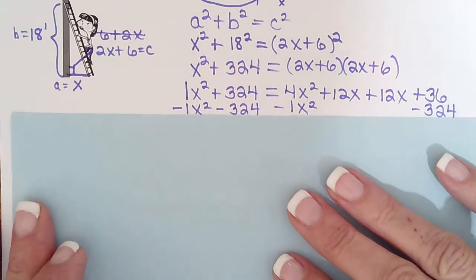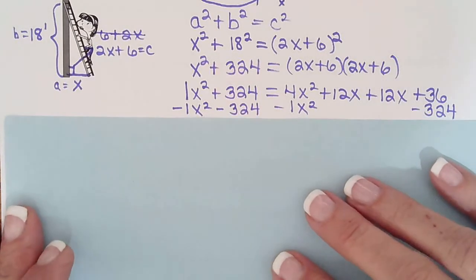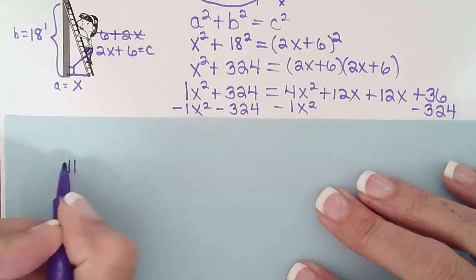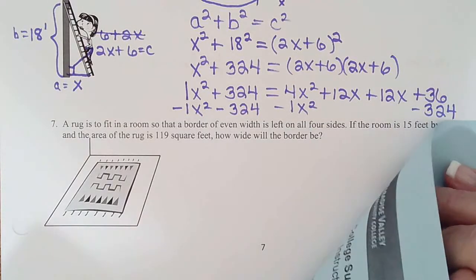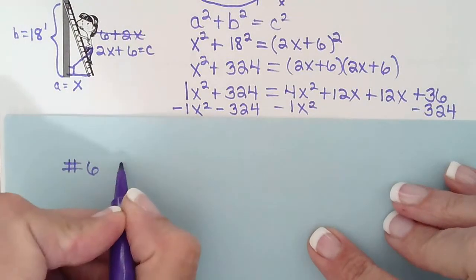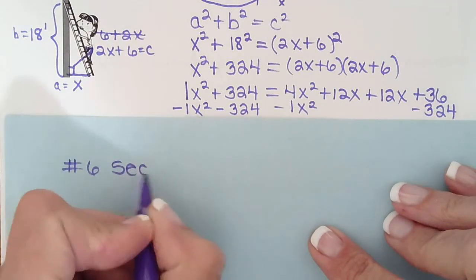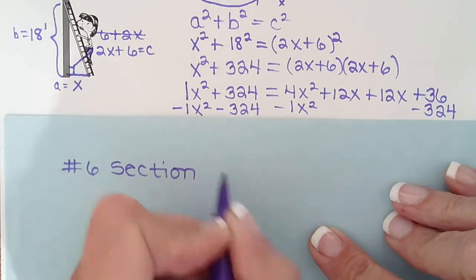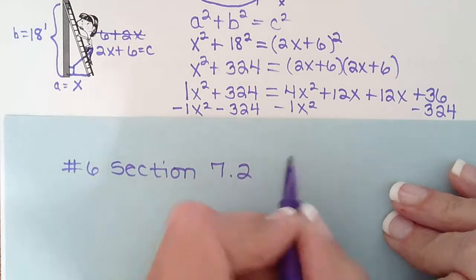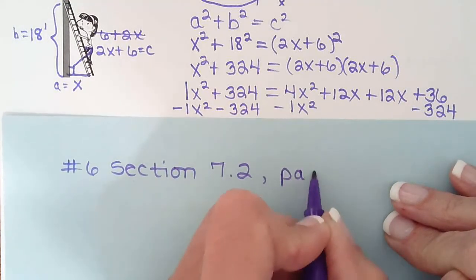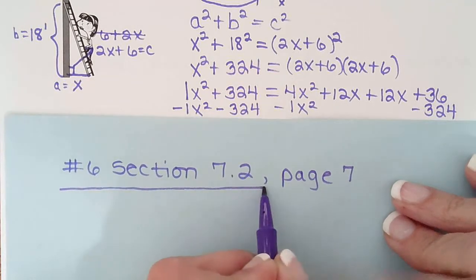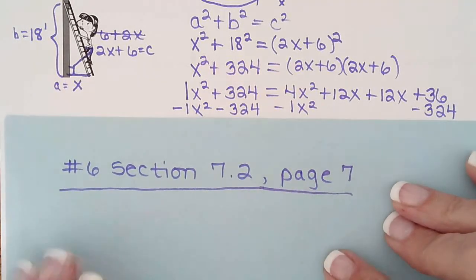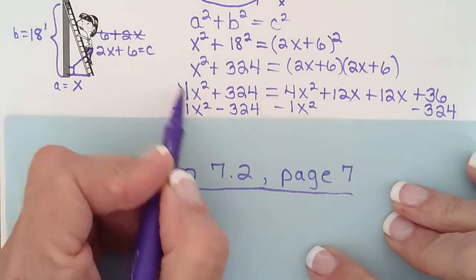So now I'm going to have 0, and this is number 6 of 7.2 notes on page 7. This side's going to be 0.